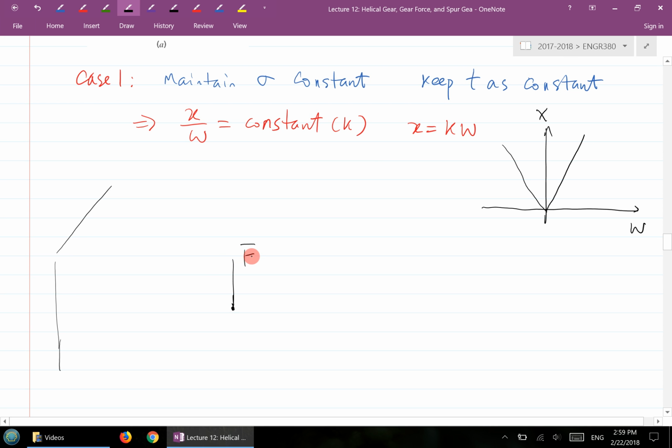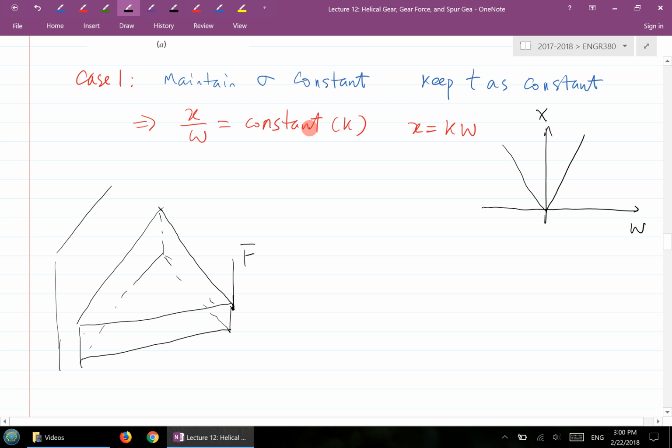Here's your F. So T is a constant. X and W maintain that relationship. So you basically get a triangle type of shape, and then you will maintain a constant thickness, right? So that's basically the structure of this cantilever beam in order to realize the objective here. That make sense? Yeah? That's called a constant stress.